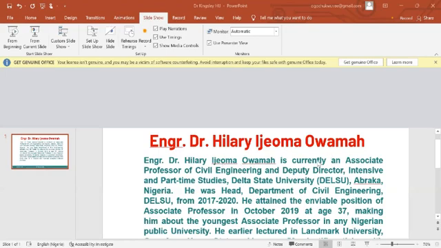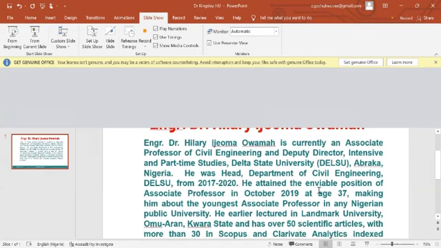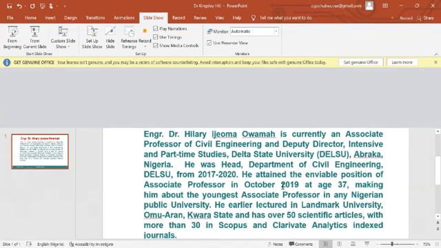Onwuama is currently an associate professor of civil engineering and the deputy director, intensive and part-time studies, Delta State University, Abraka, Nigeria. He was head of Department of Civil Engineering, DELSU, from 2017 to 2020. He attained the enviable position of associate professor in October 2019 at the age of 37, making him about the youngest associate professor in any Nigerian public university.